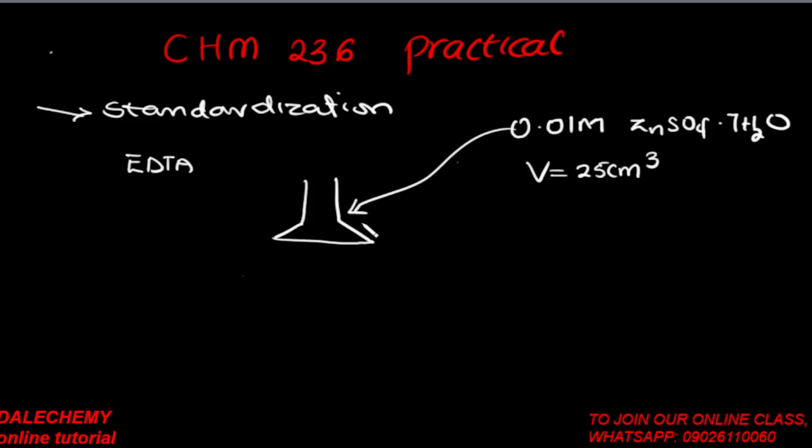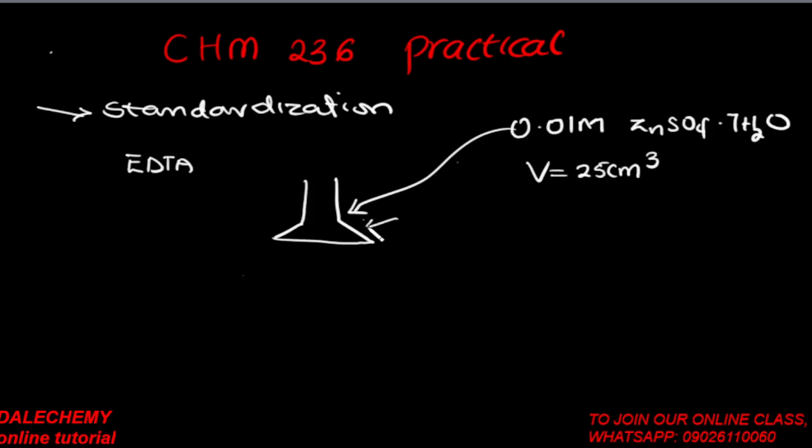So the function of this ammonia buffer is to keep the pH fairly constant. That's just the meaning of buffer solution. They are solutions that resist a significant change in pH. And your titration must be kept at a particular pH. So that's why you have to add buffer solution, and then 1 to 2 drops of eriochrome black indicator.